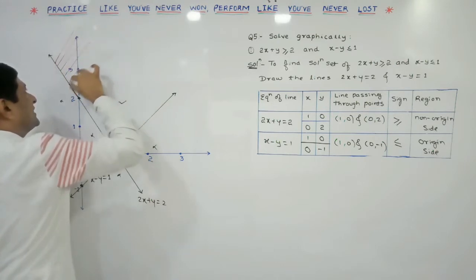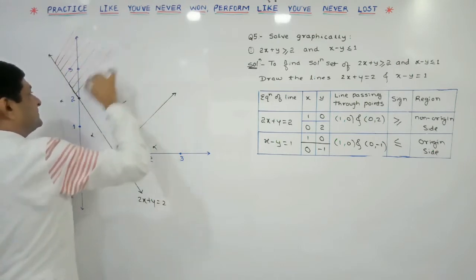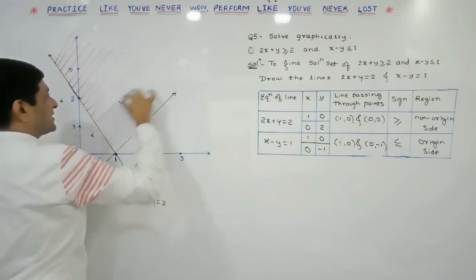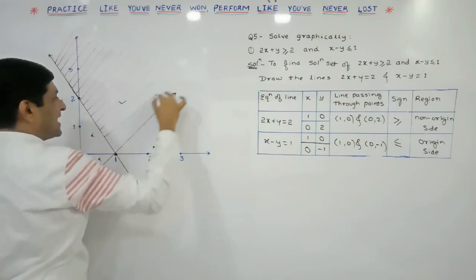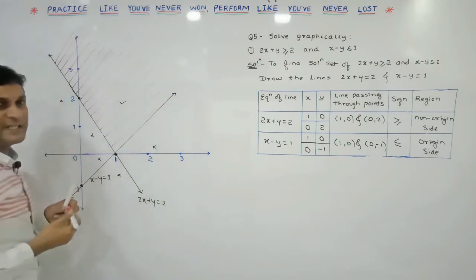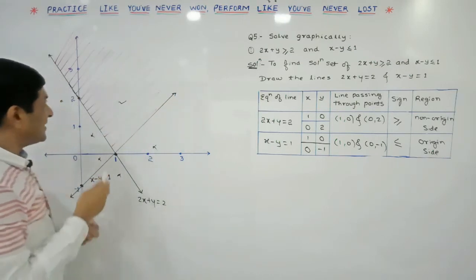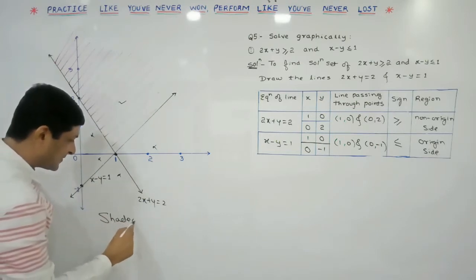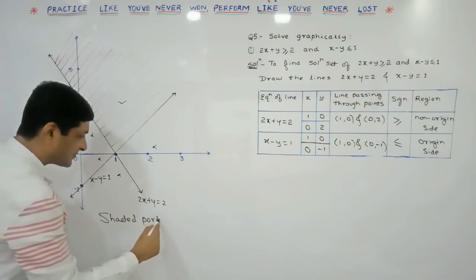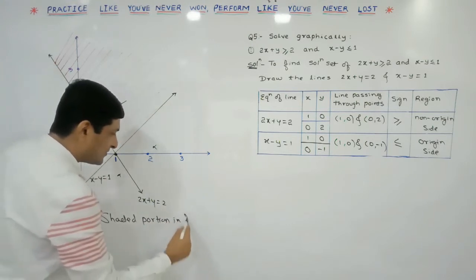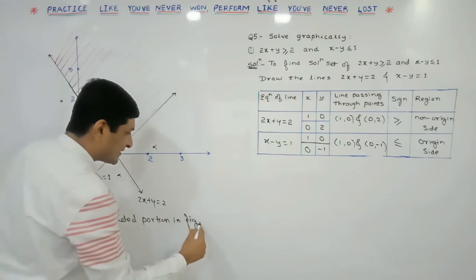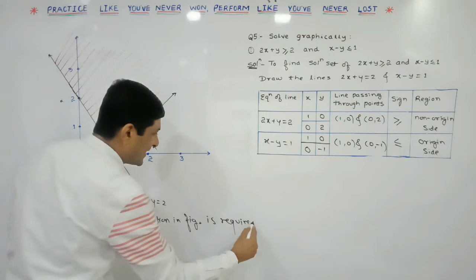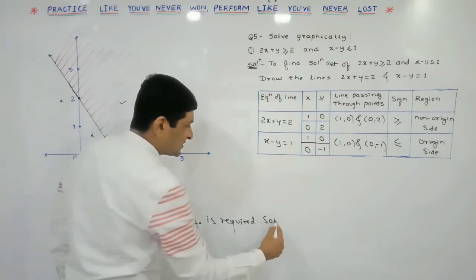The shaded portion in this figure represents the set of all points satisfying the given expressions in the example. Hope the idea about how to find the solution set is clear to you. Lastly, write down: the shaded portion in the figure is the required solution set.